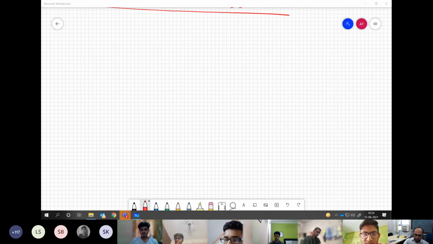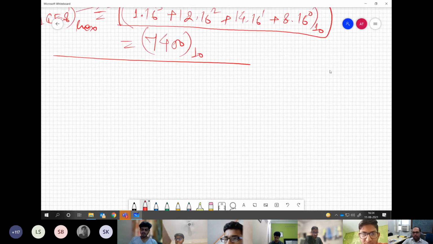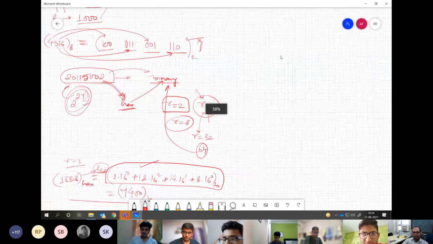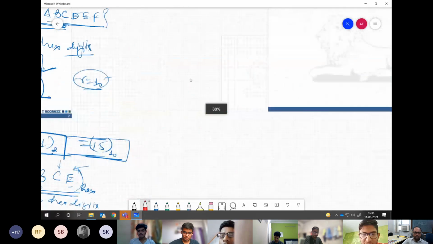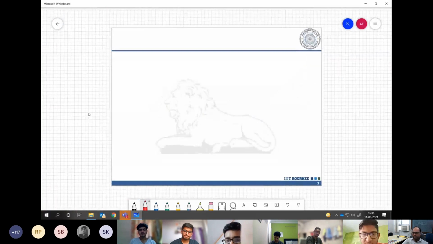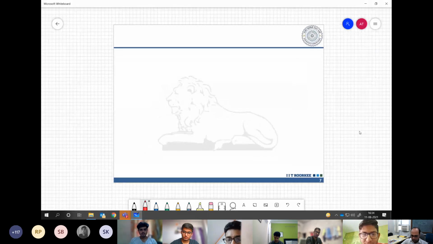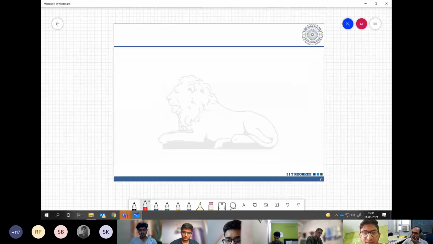Now, let us see some more interesting things in this. I will not go into too many examples. Let us skip all that. Now, let us see how we can represent negative numbers in our application, if we are encountering those.